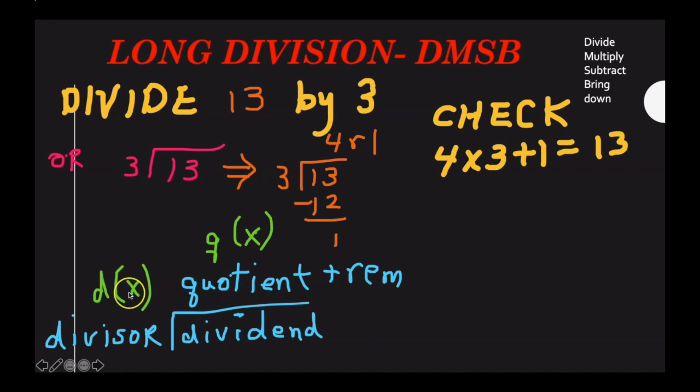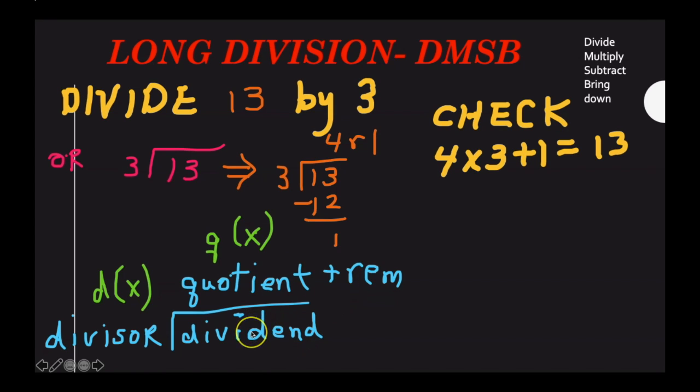If the divisor has an x in it, like all of ours in this video will have, it's called d of x. If the quotient has an x in it, as all of them will in this section, you call that q of x, that's quotient. R may have a remainder, will have x's in it too, so that's r of x.